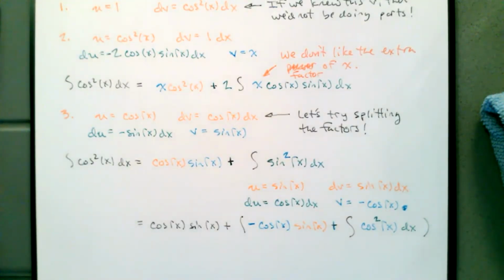And now we have run into a problem. Because notice that these two terms, the cosine x sine x minus cosine x sine x, these two terms cancel out.